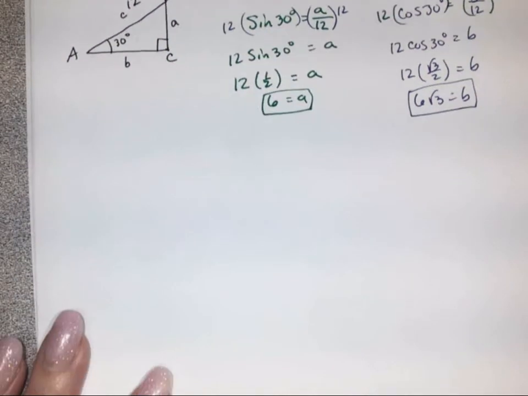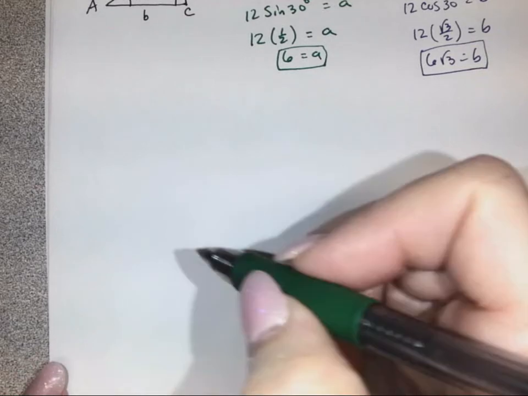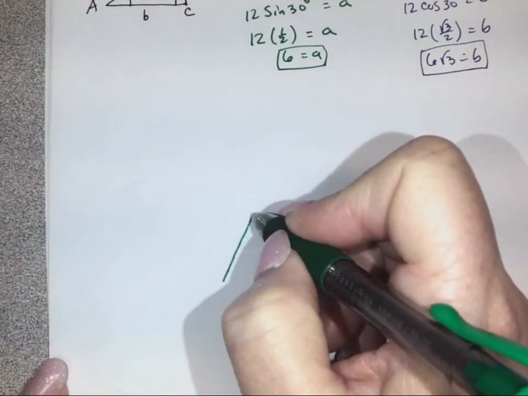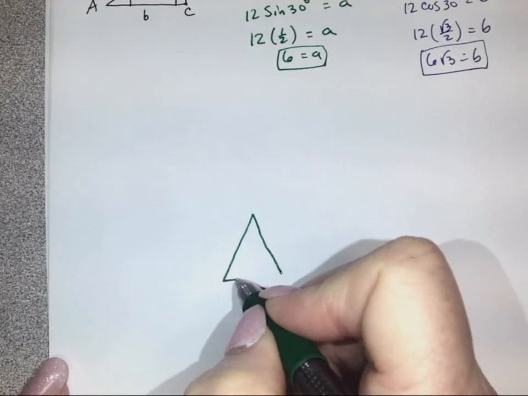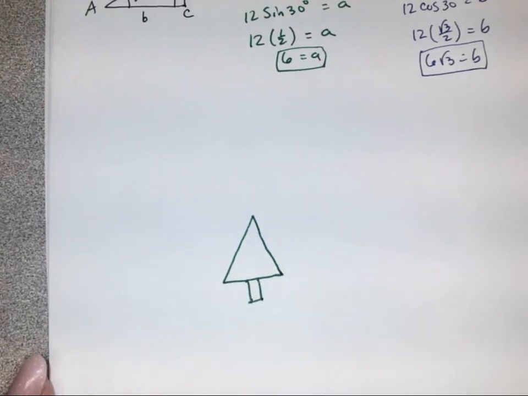All right, so we're going to draw a tree. And I am not an artist, I am a mathematician, but we've got a tree and it's casting a shadow.